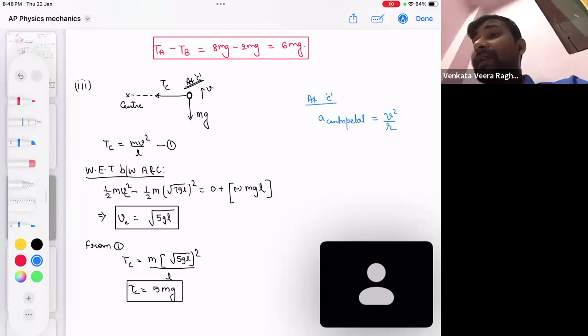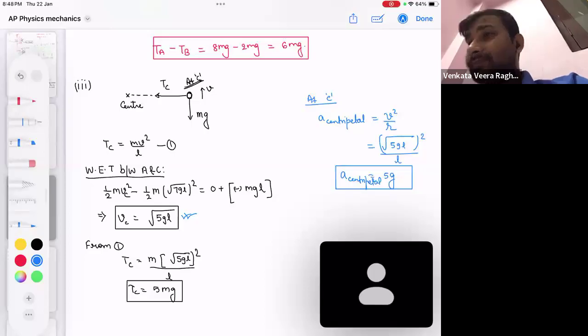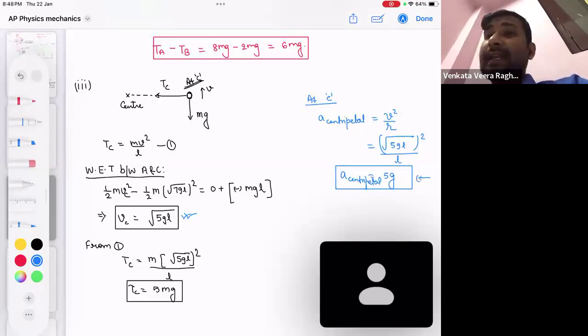We now know the velocity at point C. v square is 5gL, and the radius is L. We got the answer as 5g. Centripetal acceleration at that point is 5g. The direction is towards the center.